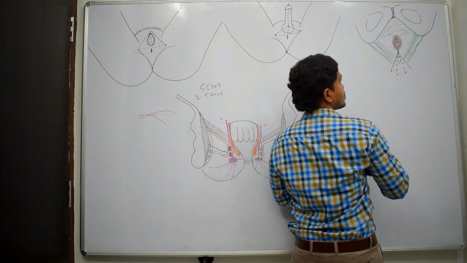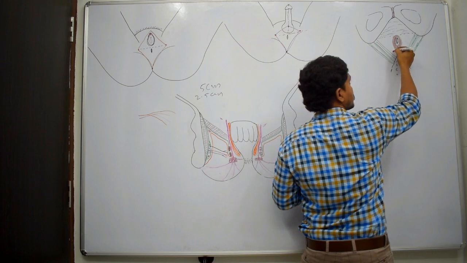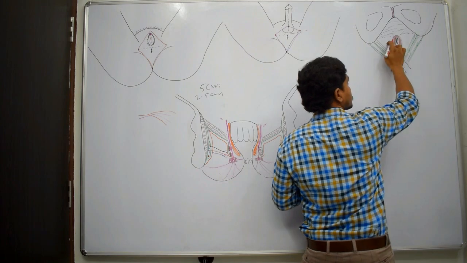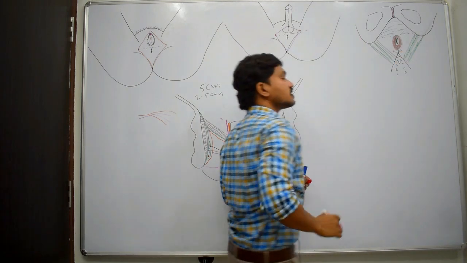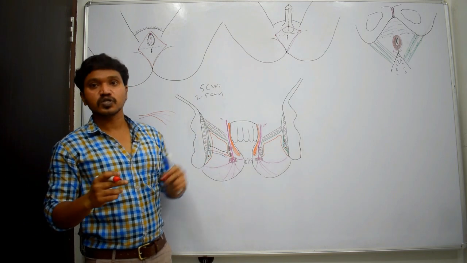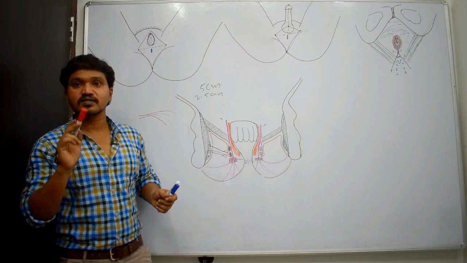Right? Then there is a horseshoe shaped space. Behind the anus, there is a horseshoe shaped space which communicates one ischiorectal space with the other. So that is the horseshoe shaped communication between the two ischioanal spaces. These are the different subdivisions.